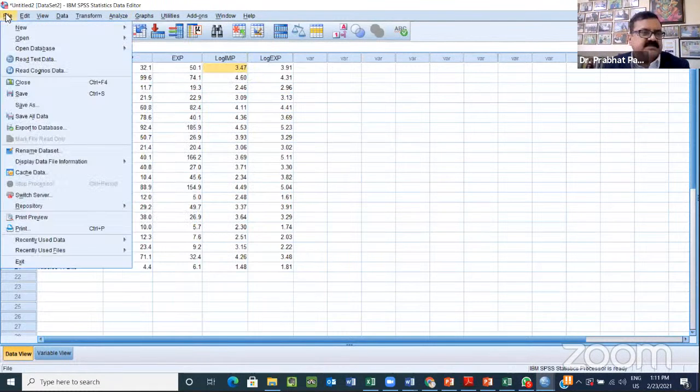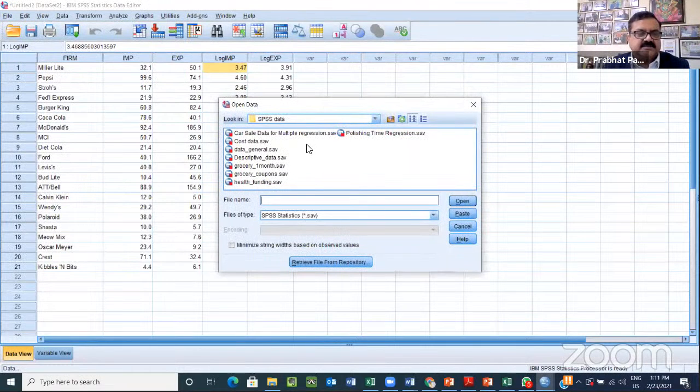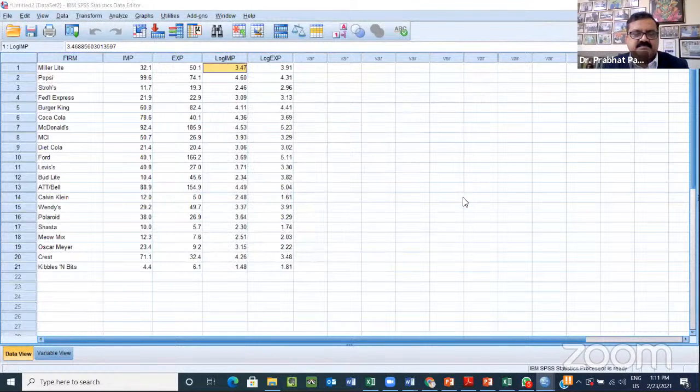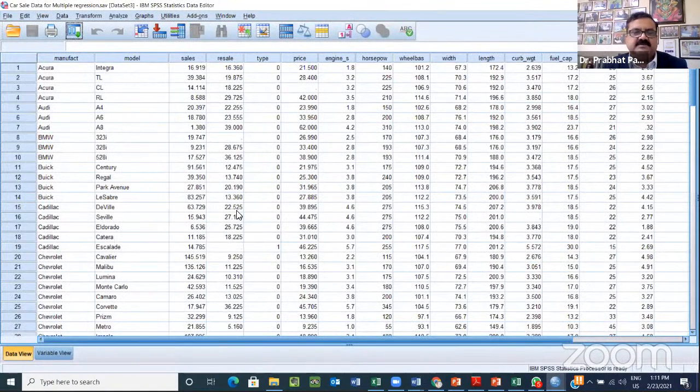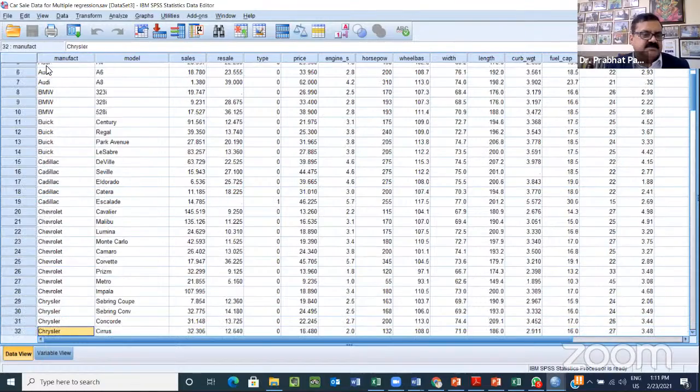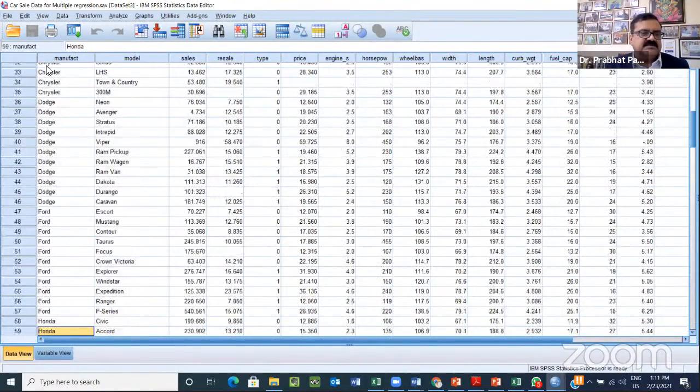First, let me seek the data first. Open data. So let me open another set of data. So I'm going to now deal with the car sale market. I said open. So here is a massive data you can see of car sales. So here are the car manufacturers, a lot of car manufacturers you can see here.